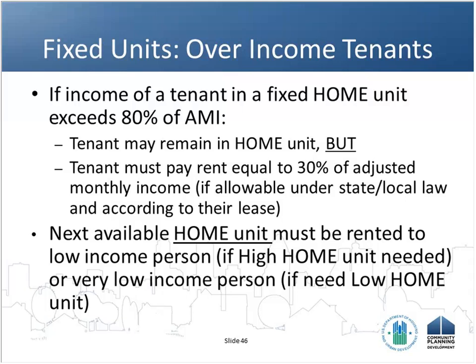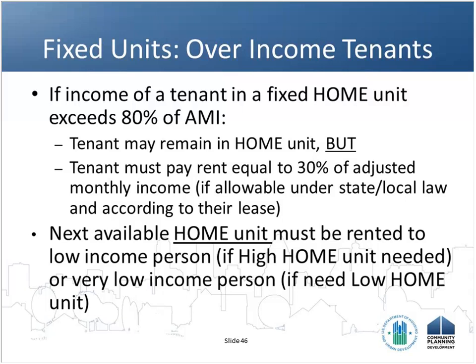That may be higher than what other rents would be in the fair market, but 30% is what's going to be affordable for that household. We're not going to require them to leave, but at that point they may say, gee, there are some better deals rent-wise out in the market. They may choose to move, but they can stay there as long as they would like.